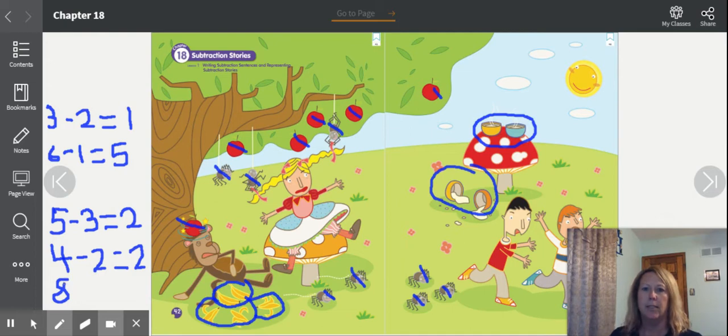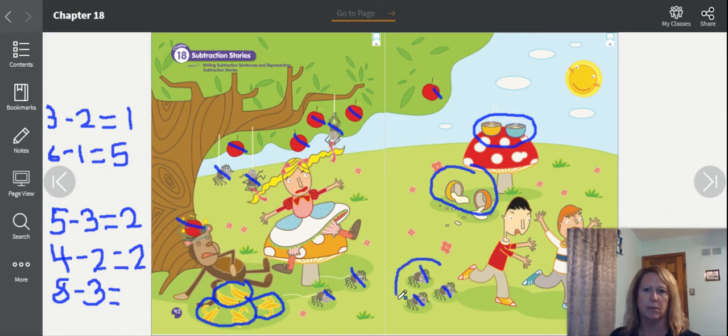And we see that we have 3 are still in the tree. So if we take away 3 of them that are in the tree, how many are on the ground? Let's see. So 8, take away 3. You can do a couple different ways. You can subtract like we've done before.